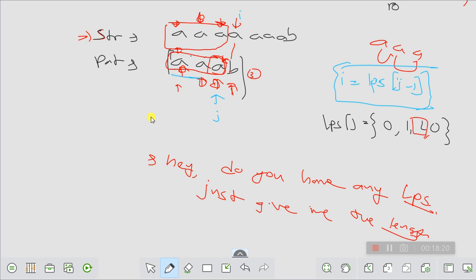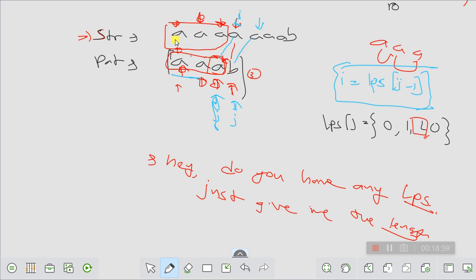Now I'm going to compare this and this character again. When I compare these characters, I find out that yes, they are equal. So I'm going to move my i here, and I'm going to move my j here. After that I find out that again they are not equal here.